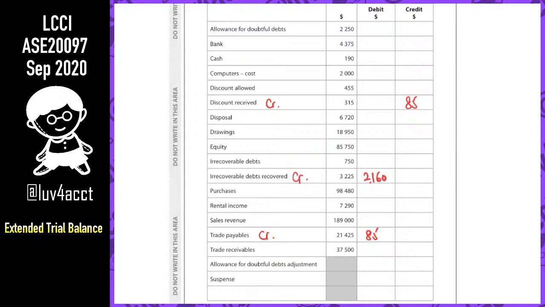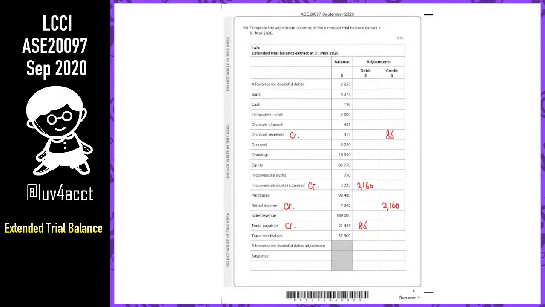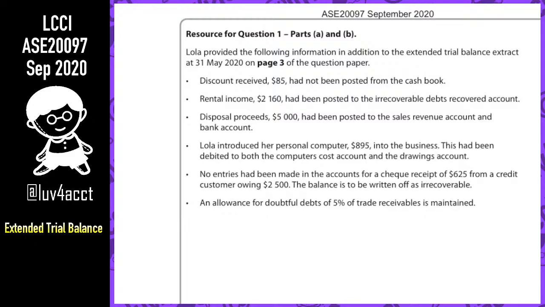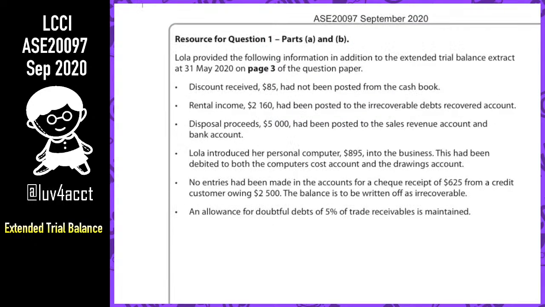This is an income account, and the rental income is also a credit side account. If we want to reduce the amount of irrecoverable debt recovered, then debit, and then add back to the rental income account. Question 2 finished. Still no effect on trade receivable, which we have to adjust for item A.